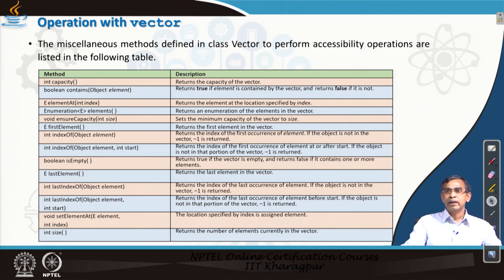You have to create a vector first, add some initial elements to it, and then apply all those methods, and you can see the results. You can use any iterator or enumerator, or simply System.out.println, to print v after each operation. For example, if you call isEmpty, it returns a boolean value: true means it is empty, false means it contains some element.